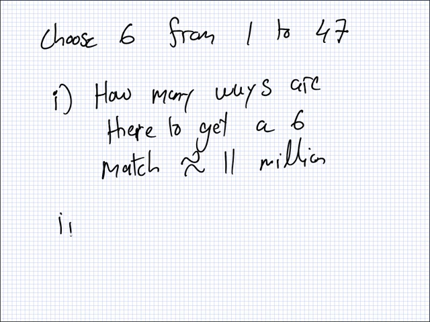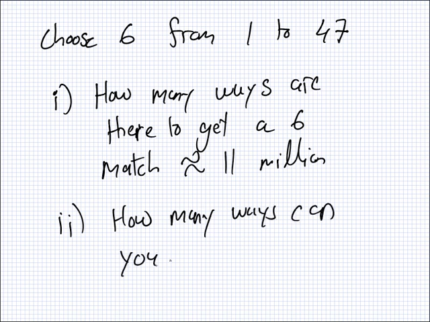Okay, so the second one I want you to try, which is actually a good bit harder, is how many ways can you match exactly 2? So what I mean is you picked your numbers and only 2 of them are a match, not all 6, just 2 of them are a match. Now you really have to think about that one. So I'll give you a minute. So the numbers you pick are matched to the most winning number. Yeah, yeah, exactly.